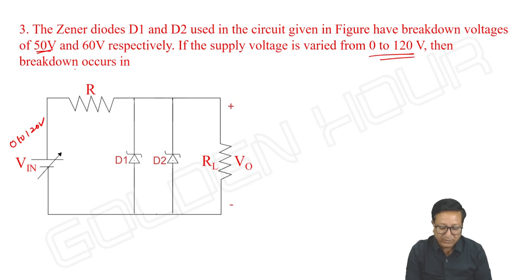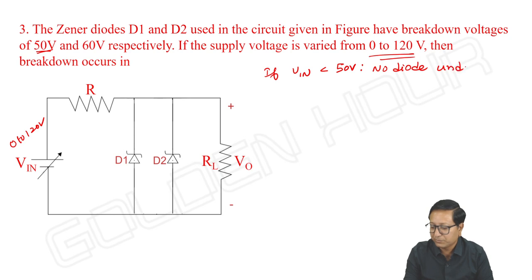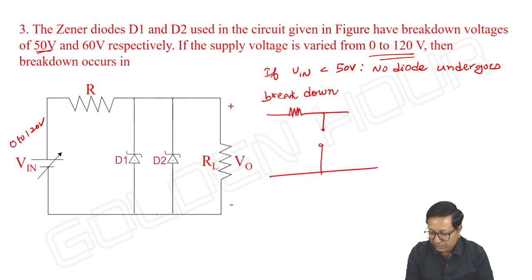If the input is less than 50 volts, then no diode undergoes breakdown. So what is the equivalent circuit, friends? This is open and this is also open.